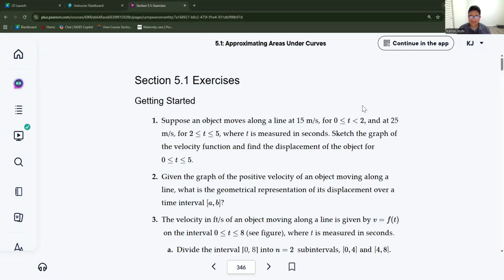Hello. In this video, I will solve some exercises, first on approximating the areas under curves, which we discussed in the previous video: that the area under the curve is one of the fundamental interpretations or meanings of the antiderivative, right?